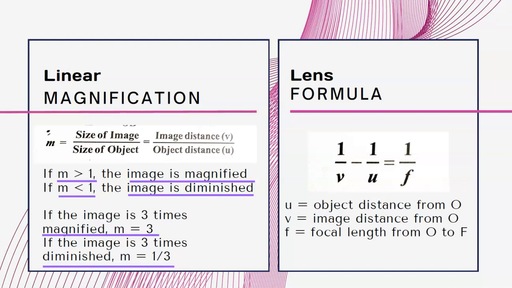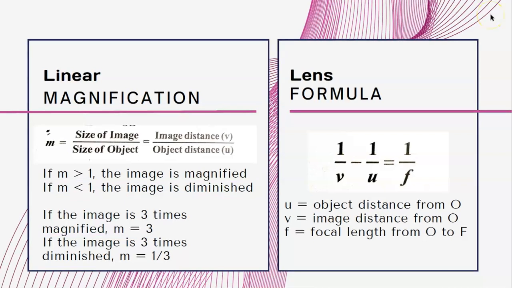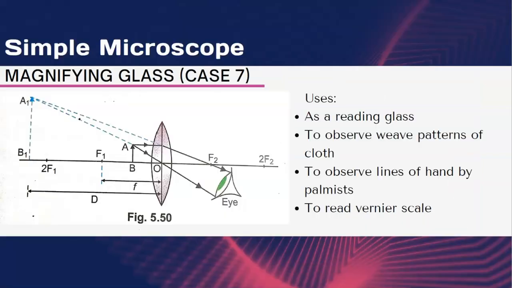So, in all, we have 3 formula to remember. M is equal to Hi upon Ho, M is equal to V upon U, and 1 by F is equal to 1 by V minus 1 by U. 3 formula to remember.